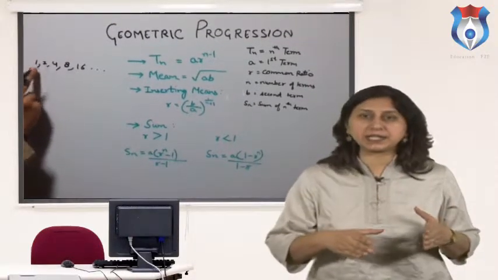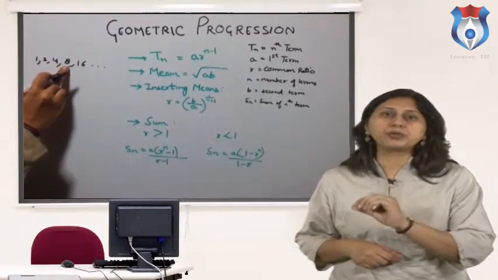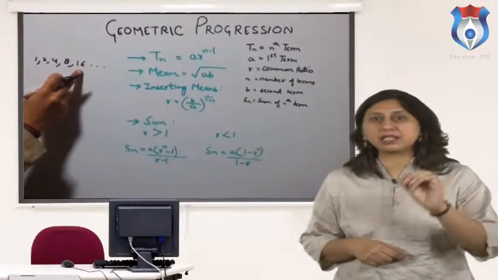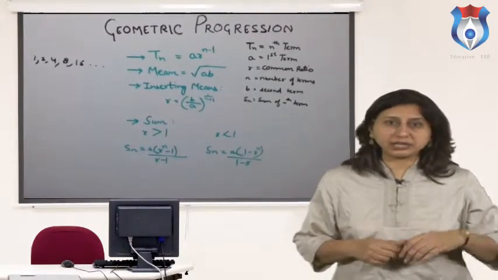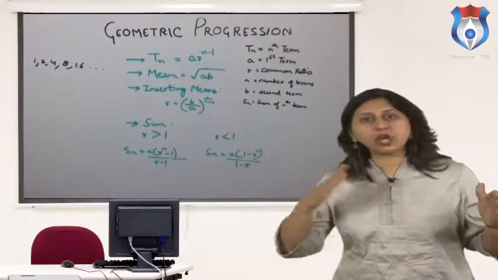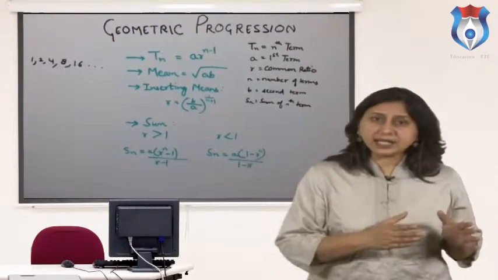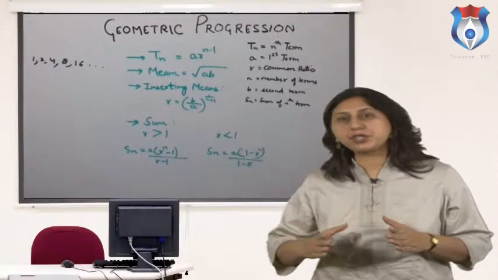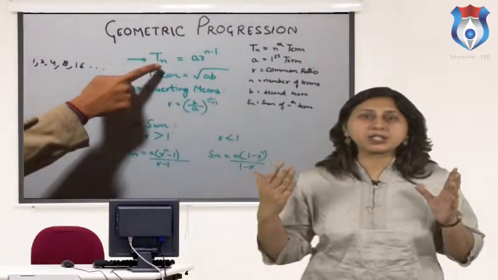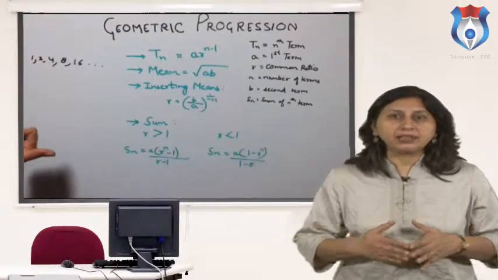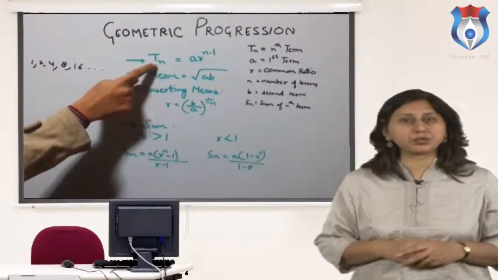by its preceding term. Thus, the sequence 1, 2, 4, 8, 16, 32 is an infinite geometric progression. The first term is 1 and the common ratio is 2. Similarly, the sequence 1, 1/2, 1/4, 1/8, 1/16 is a geometric progression. The first term is 1 and the common ratio is 1/2.